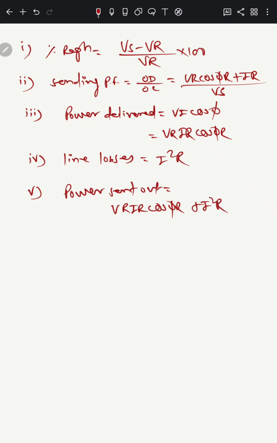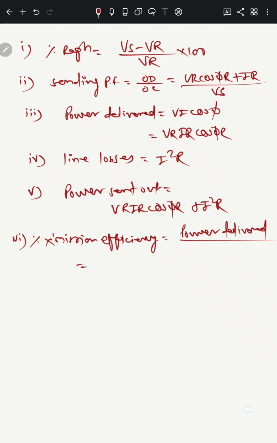Output power sent out is Vr IR cos phi r plus I square r, and percentage transmission efficiency is equal to power delivered divided by power sent out.